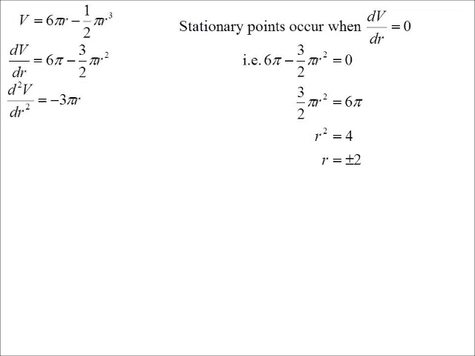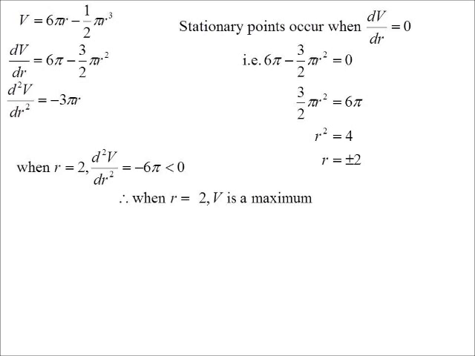So I'm not going to test r equals negative 2 because I'm not going to make a bucket with a radius of negative 2. That doesn't happen in the real world. So, logical one to check. Let's just make sure. So when the radius is 2, my second derivative is minus 6 pi. That is negative. So yeah, that will create the maximum volume.